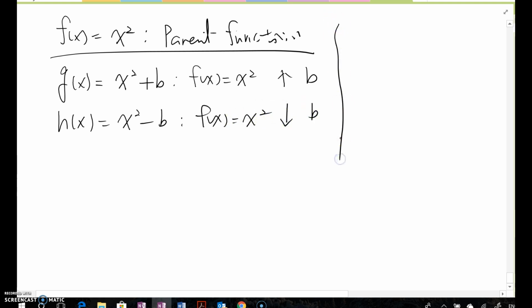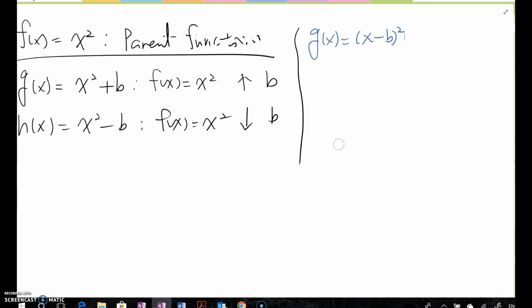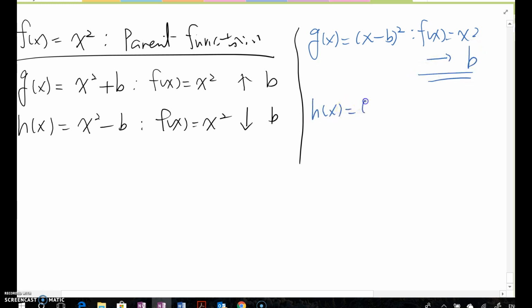So similarly, given g(x) equal to (x minus b) squared, then f(x) equal to x squared moves b units to the right, and given h(x) equal to (x plus b) squared, then f(x) moves b units to the left.